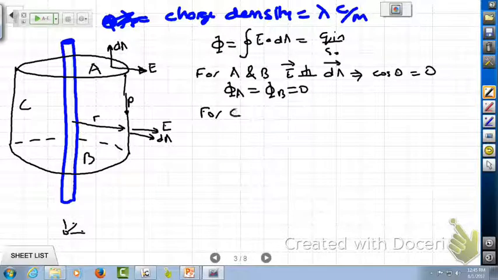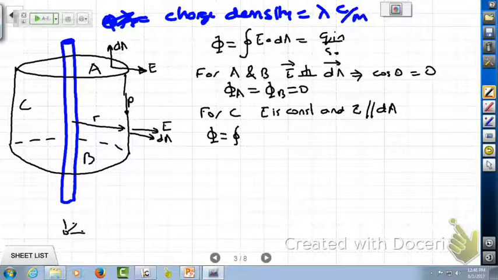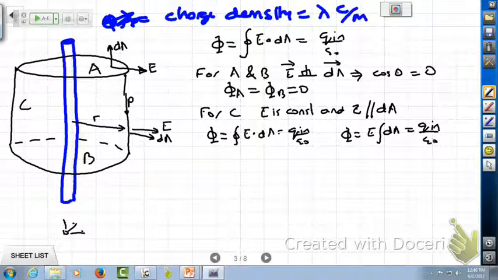For C, E is constant because I did it as cylindrically symmetrical, and E is parallel to dA. So my flux is equal to the surface integral of E dA, which equals Qn over epsilon naught.